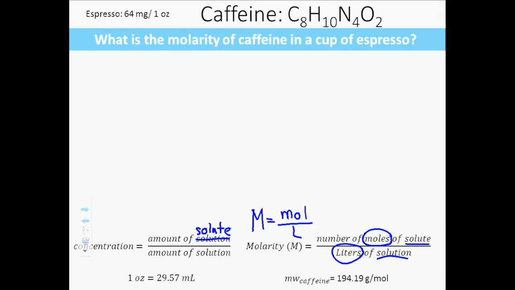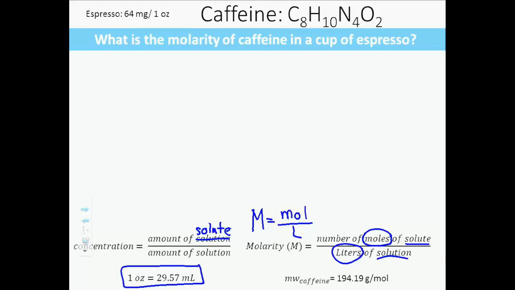So it asks you what the molarity or what the concentration of caffeine in a cup of espresso is. Your answer should have the final units of moles per liter, which is the same thing as saying big M. So anytime you see moles per liter, you can replace it with a big M, or anytime you see a big M, you can replace it with moles per liter. Okay? Additionally, I have in here, 1 ounce equals 29.57 milliliters.